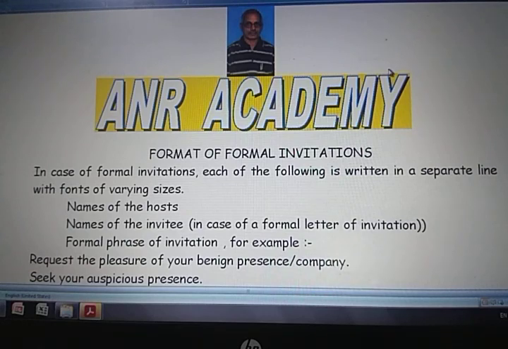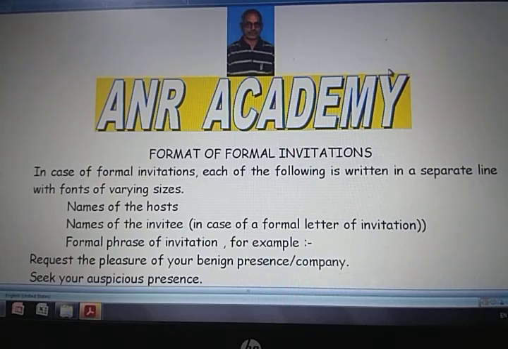We celebrate a number of functions. Personal ones, that means marriage function of our children, relatives, housewarming, happy birthday celebration. Like that, we celebrate a number of occasions. For this, we invite people in two different ways. Number one, we invite the people in a bulk quantity.